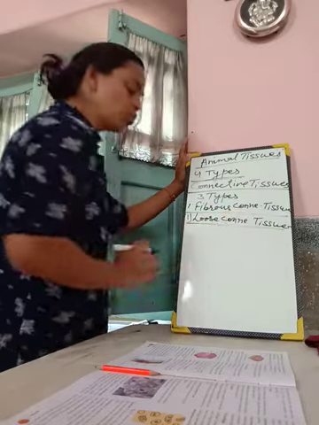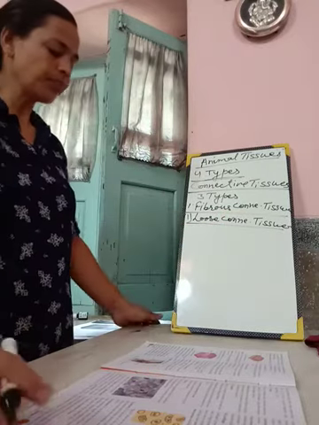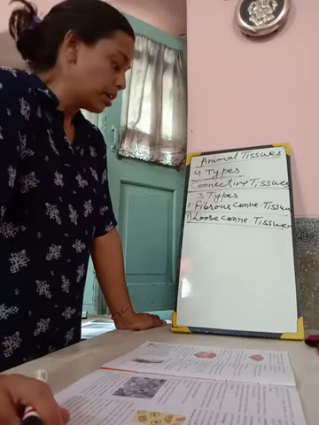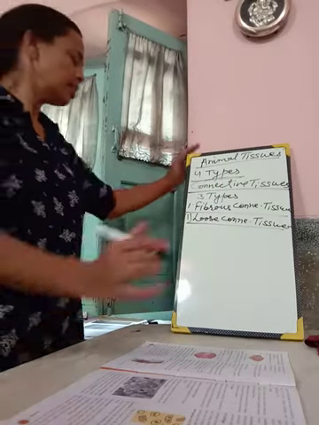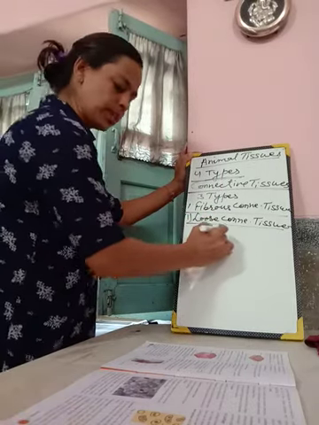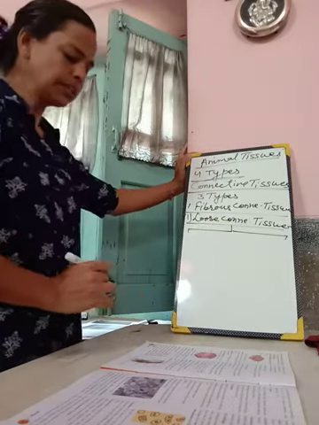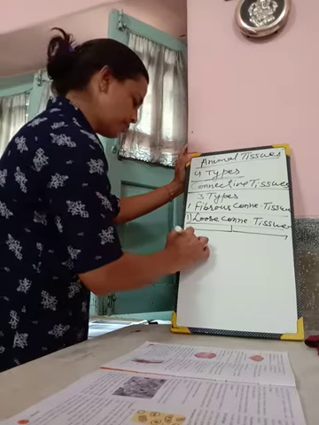As the name suggests, loose, they have loose bonding in them. These are again divided into two types: areolar and adipose.